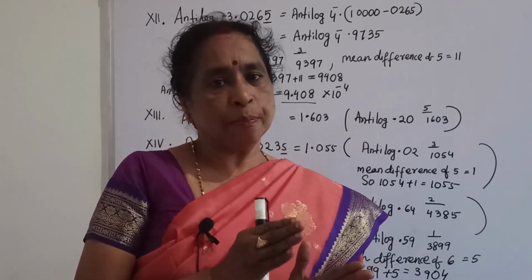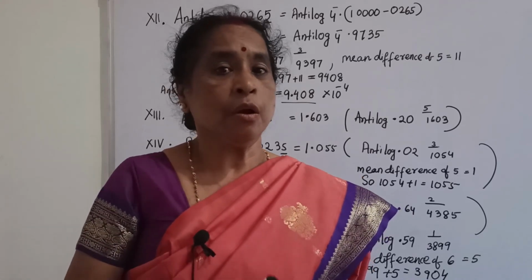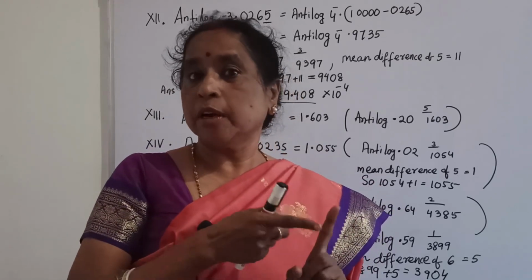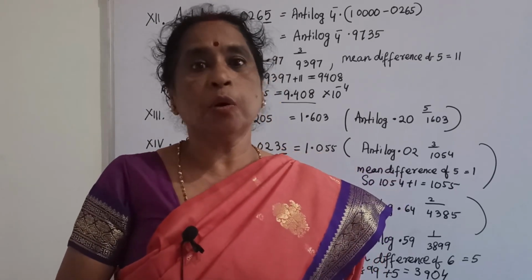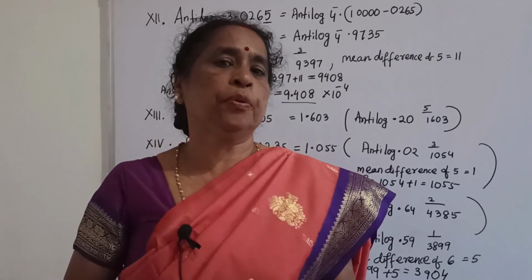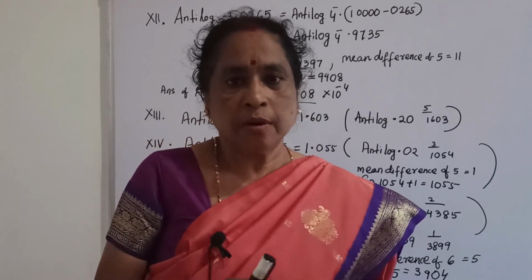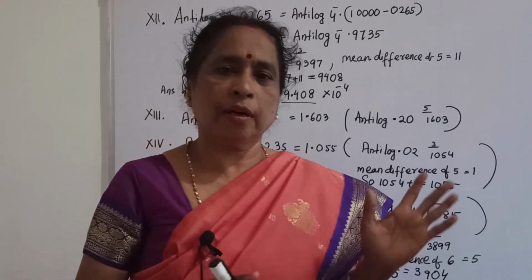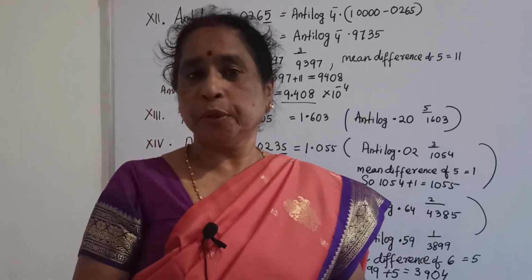When you watch part 1, it will be easy to follow part 2. You can easily understand the difference between logarithm and anti-logarithm, how to calculate the logarithm, and how to do the anti-logarithm calculation. I hope it will be easy if you see part 1 first, then part 2, and also open the log table and anti-log table, in paper or book or any form you can use. I hope this logarithm and anti-logarithm is clear to you.